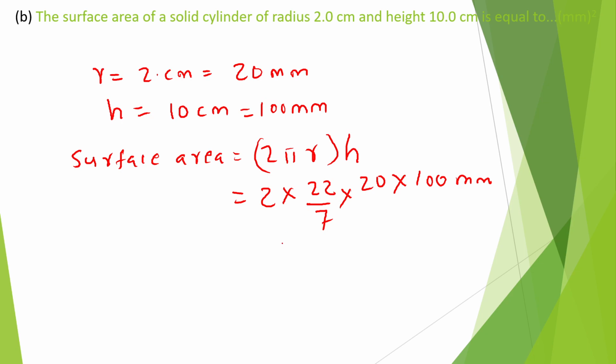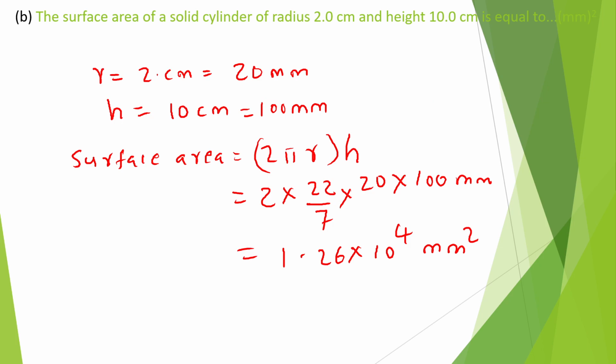So once you do this calculation, you will be getting 1.26 into 10 to the power 4 millimeter square. So that is the solution for the surface area of cylinder of radius 2 centimeter and height 10 centimeter.